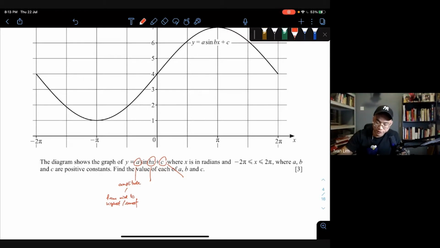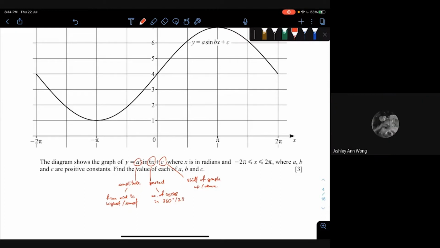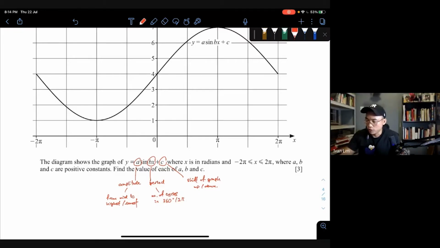B is your period, that means how many cycles in 360 degrees or 2 pi. C is how the graph shifts, the shift of the graph up or down by how many units. So you just need to be clear on all of this.